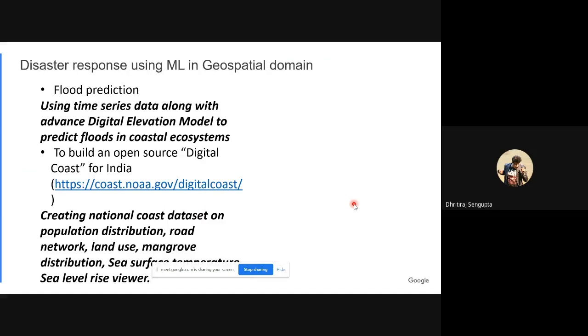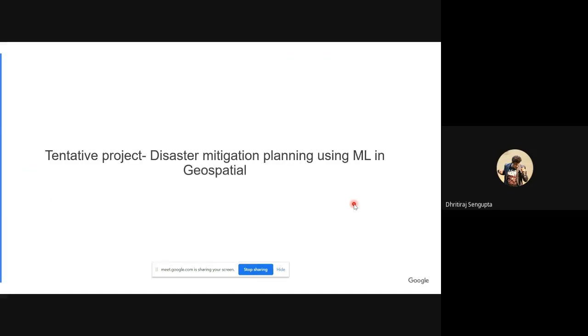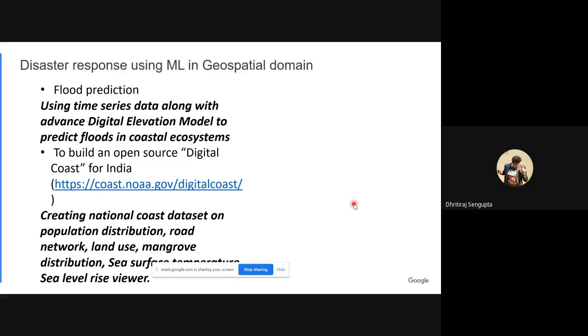But something which I'm really interested to do with Rohitji and others is, one, I am from Assam, and I'm really interested to make a flood prediction model and a dashboard for Assam. I can calculate flood, and I can do an archive of flood for 30 years.